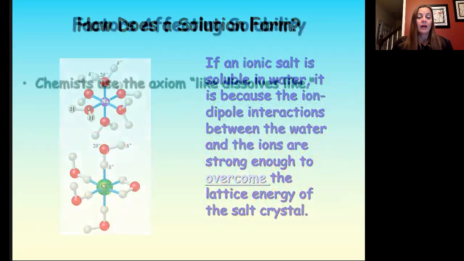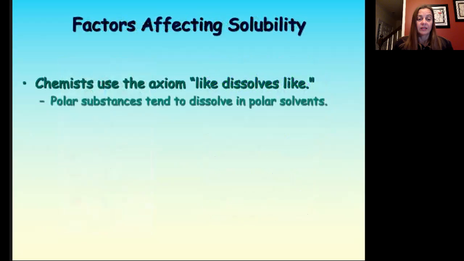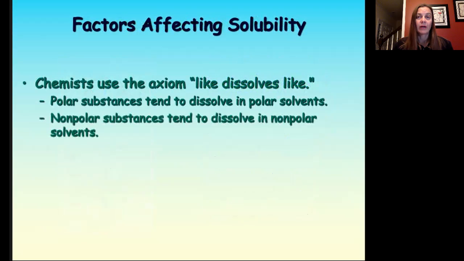So, what affects solubility? We use this phrase, like dissolves like. What we mean by that is that polar substances tend to dissolve in polar solvents, and non-polar substances tend to dissolve in non-polar solvents.